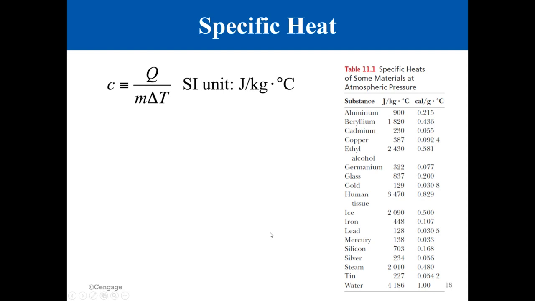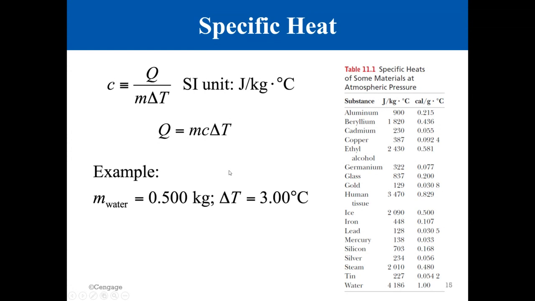So when we solve problems, we always use this formula, and we always need these tabulated values for the specific heat. The formula is used to calculate the quantity of heat. Remember, heat is energy, so this is a quantity of energy. We calculate it from this formula: mass multiplied by specific heat multiplied by the temperature change.